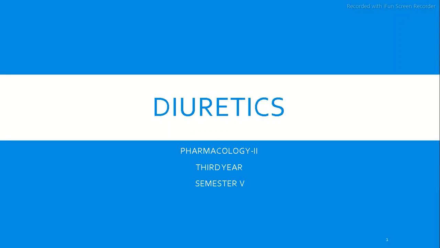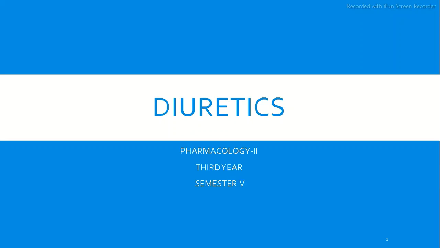So we will study in detail about diuretics in this particular chapter, and we will be studying the pharmacology of the important drugs. Okay, so first of all, before we actually move to the pharmacology of the diuretics, we should revise the renal physiology: how urine forms, what the different parts of the nephron are, and what the structural specificities of these particular parts are.